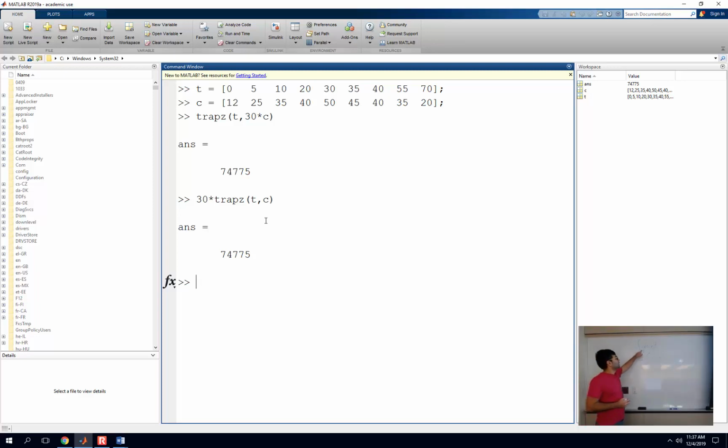The upper one is trapz of t comma qc. The lower one is q times trapz of t comma c.